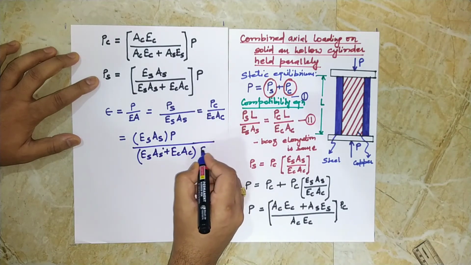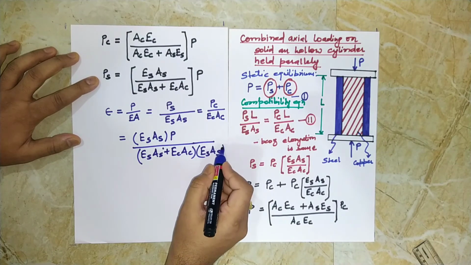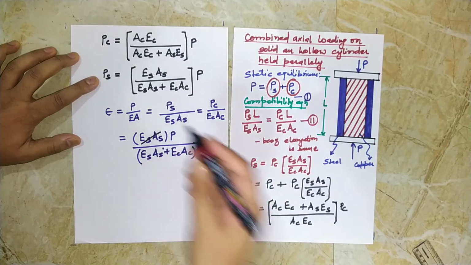Now ES AS will be there in the denominator too, so this can be cancelled.